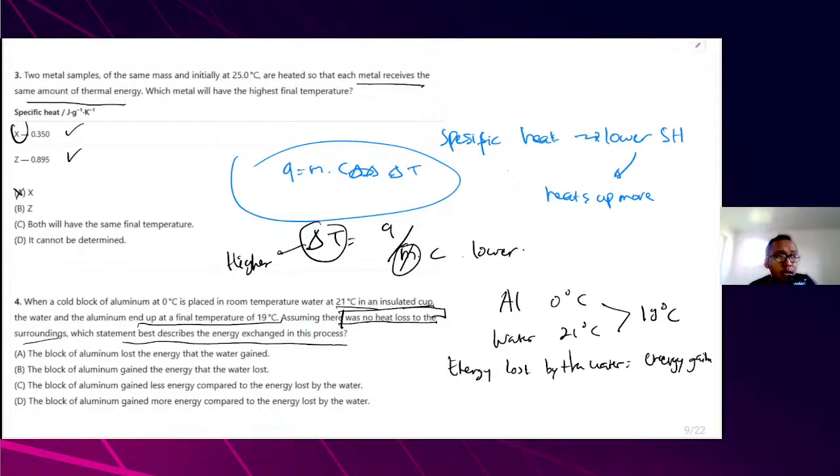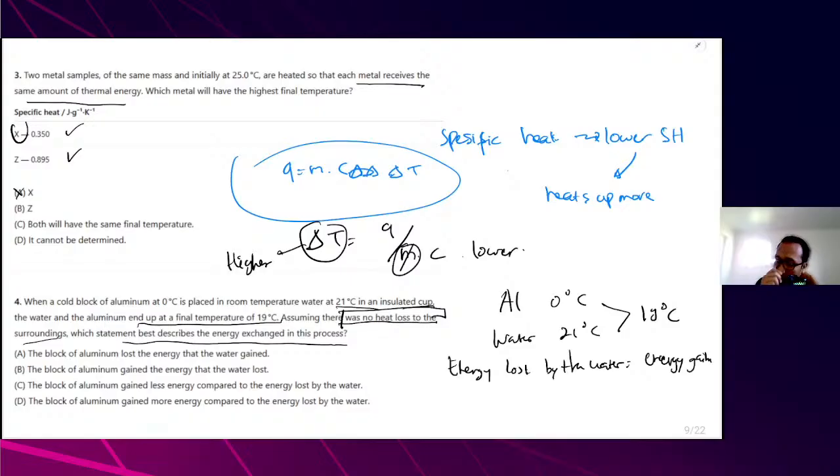The aluminum starts cold and warms up, so it gains energy. However, the water will lose energy. So which one gains energy? The block of aluminum gains the energy.